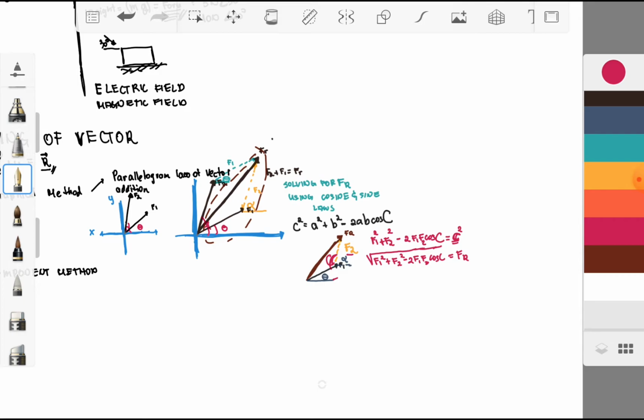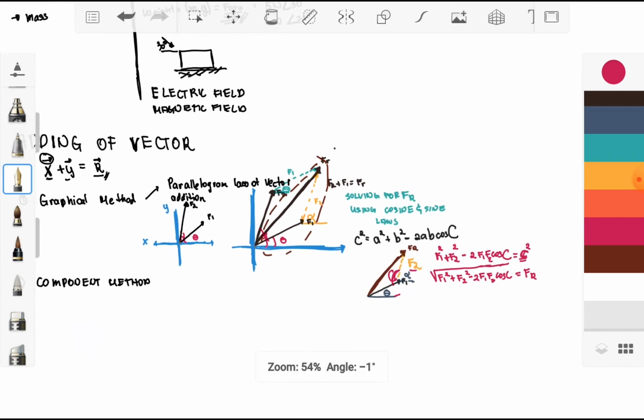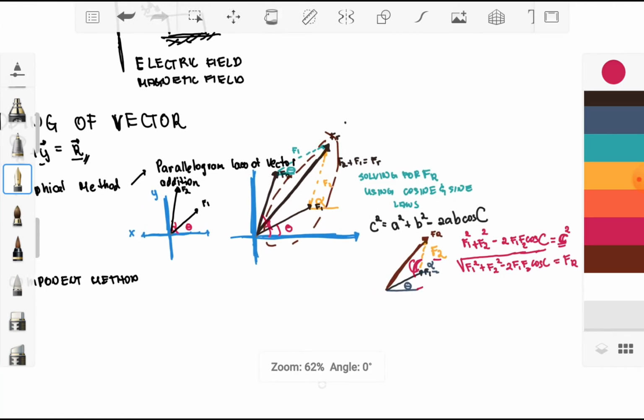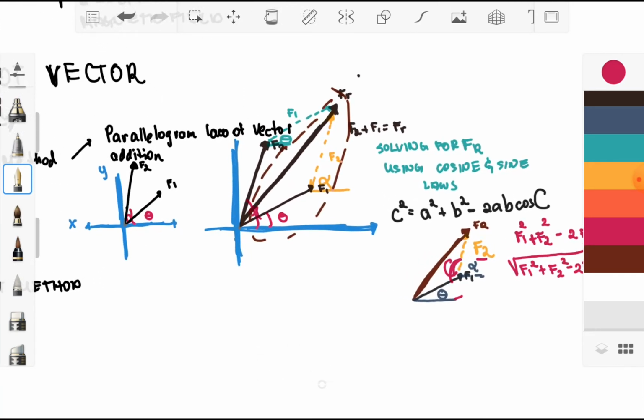So, this parallelogram method will be further discussed in our example in the next video. Okay? So, another point to remember is that when you are dealing with the graphical method, you should always project the forces in a way where the arrows will touch the tail of the other force.